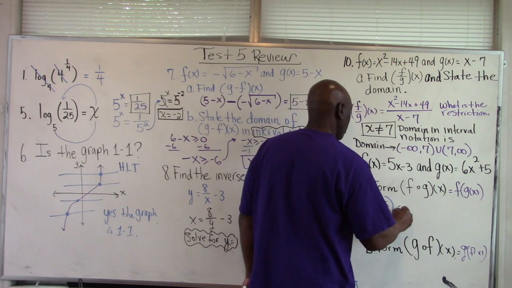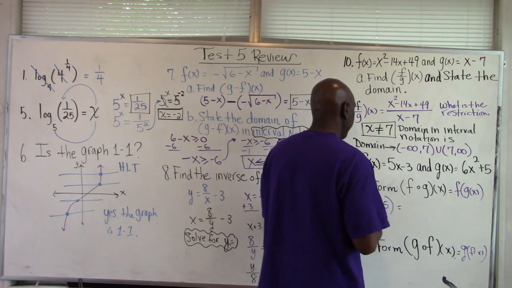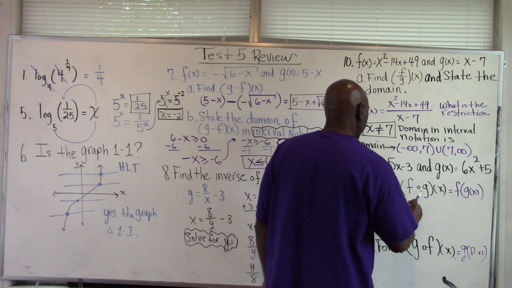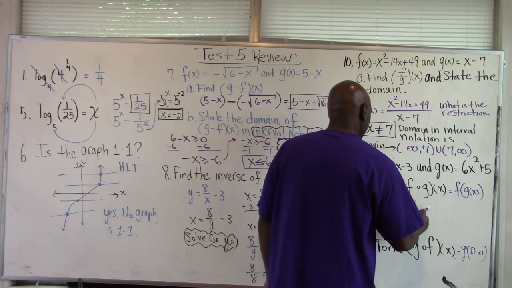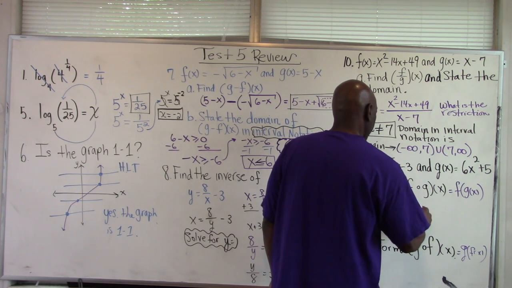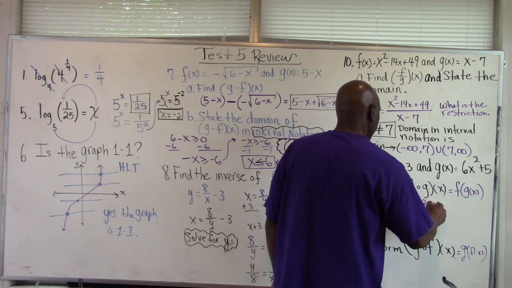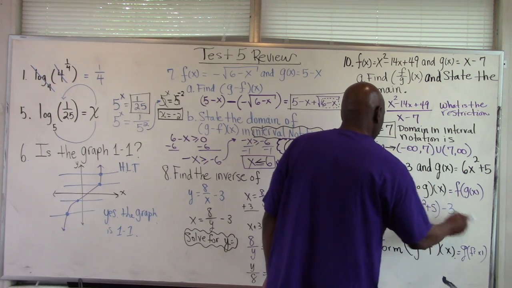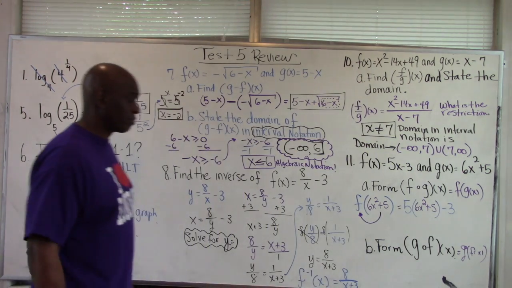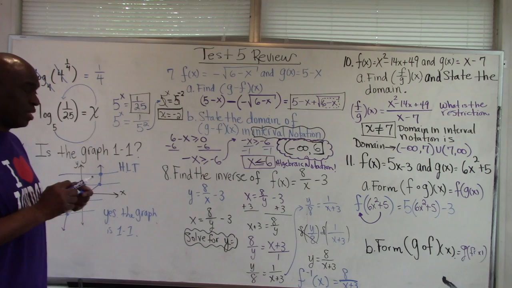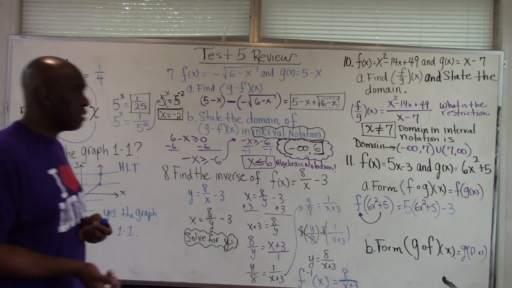So that's going to equal 5 times 6x squared plus 5 minus 3. I have just placed g inside of f.